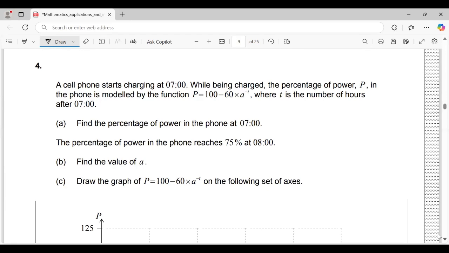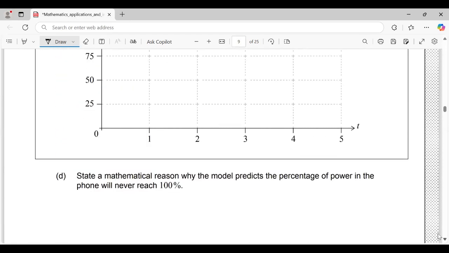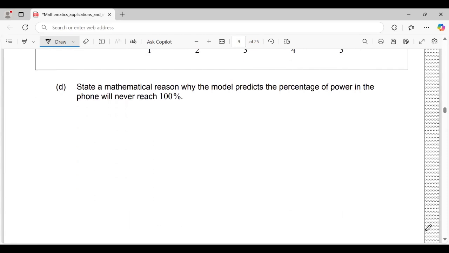At 7 a.m., it means t equals 0. Why t equals 0?